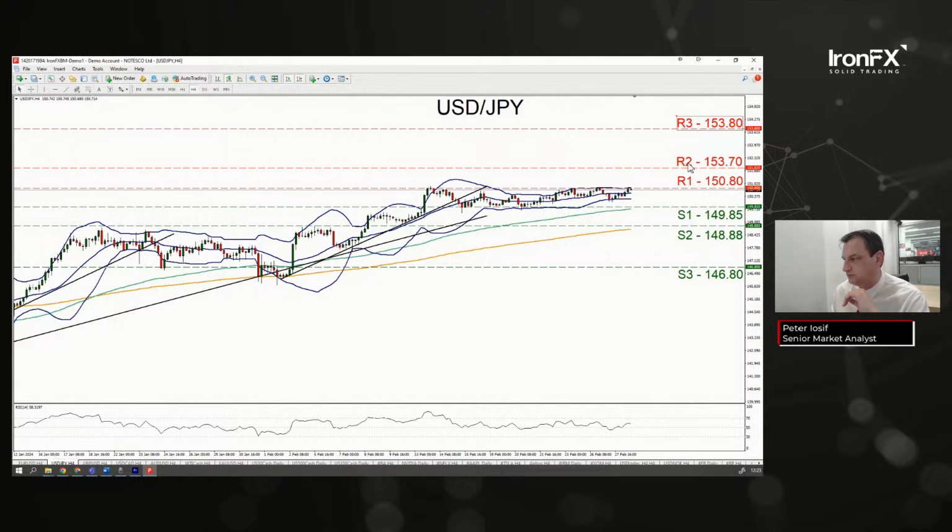Actually, the 153.70 would be that level. The R2 is, in my opinion, a record high level for USD/JPY. Any movement which was actually higher than that was 1990, which for the time being is irrelevant. So the bulls may be having some cold feet here.